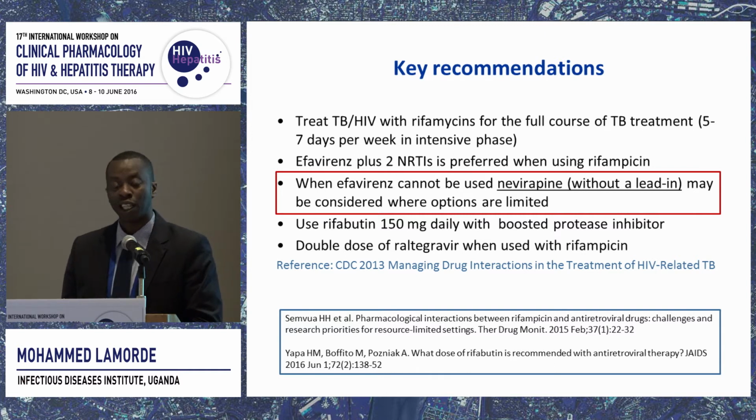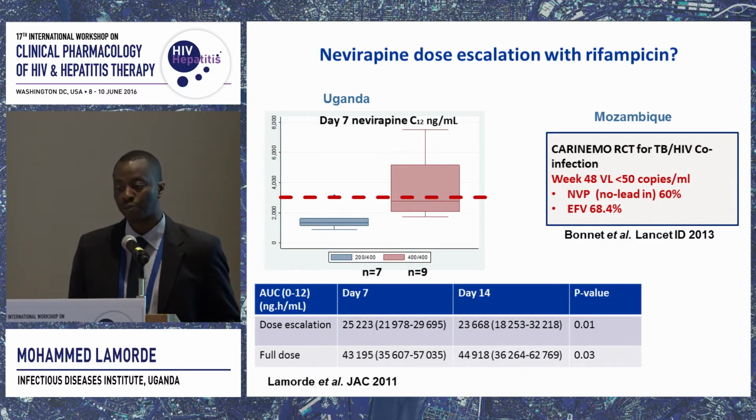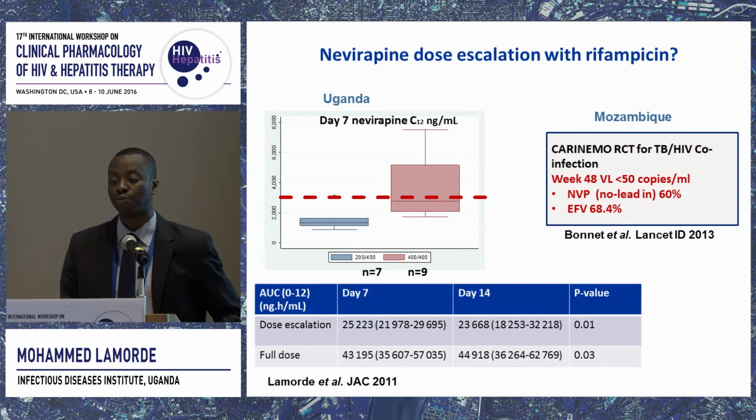David and collaborators came up with an idea of actually investigating this as many as 10 years ago. It was actually in 2006 that the protocol for that study was finalized. If you look at this slide, you see box plots, and there are two groups. The group in blue is the group of patients that initiated nevirapine with the standard dose escalation, and the pink box plot are those that started with a full dose of nevirapine.